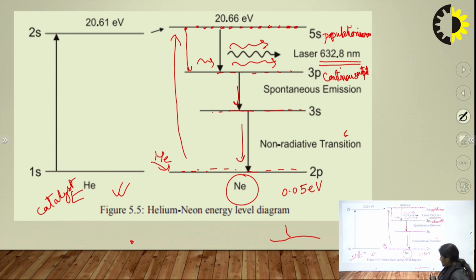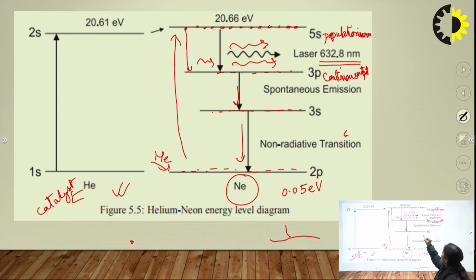Since it is giving us a continuous output for the same energy level, that is why it is better than the ruby laser. And the continuous output it is able to get because of these energy levels. So, how many energy levels? 1, 2, 3, 4.